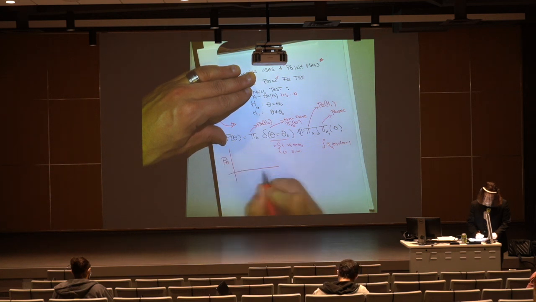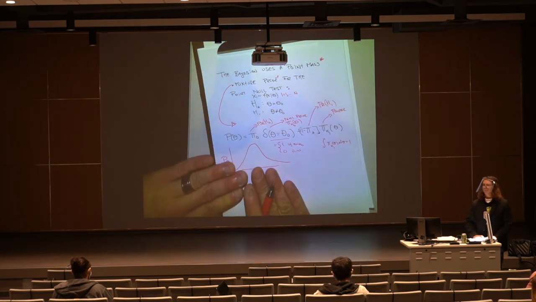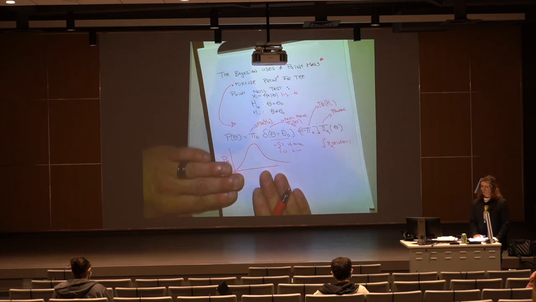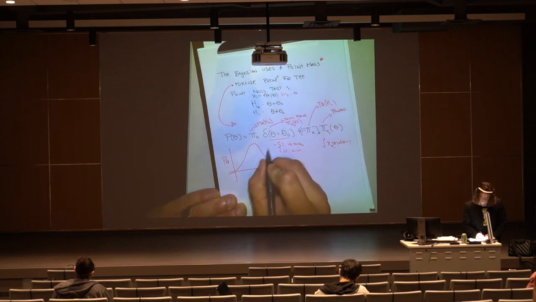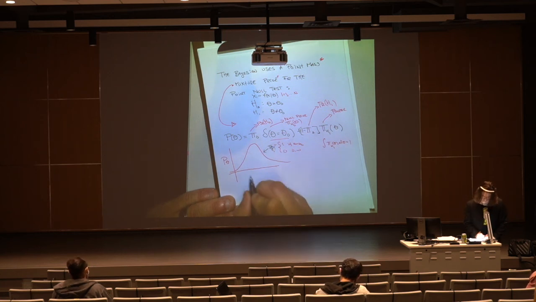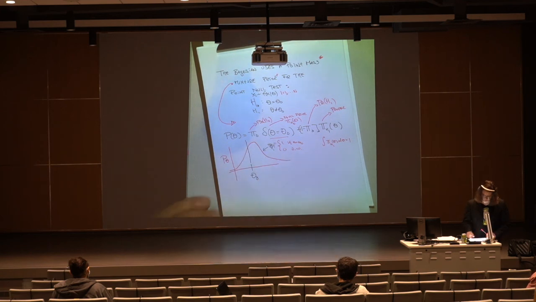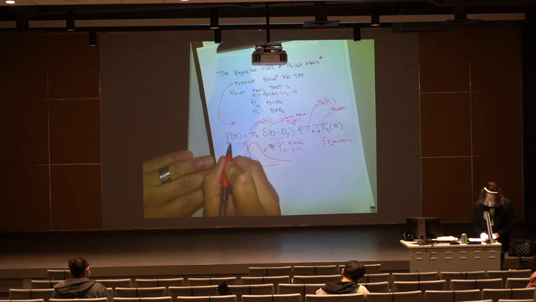So p of theta: I'm going to have some alternative. I haven't told you what the shape is, but I'm probably pointing in the direction of something. This is controversial, and there can be other shapes for the alternative. So this looks like the H1 of theta. And then I've got some value theta naught right here, and I place a point mass right there. So this is my delta function.